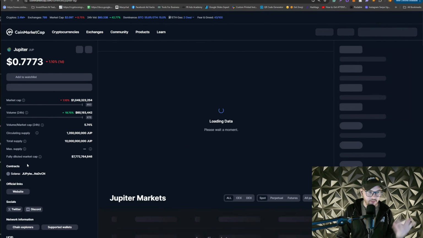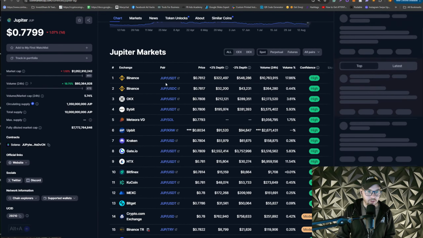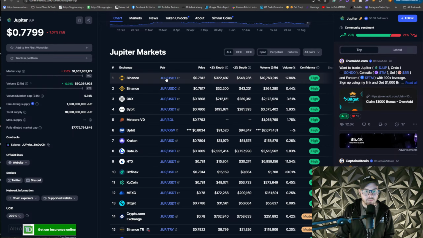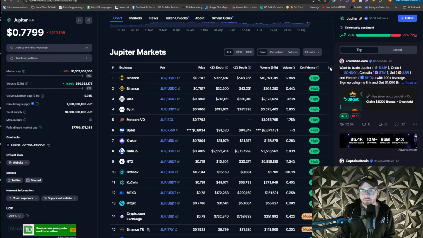And this one's going to be obvious, but Solana, right? So Jupiter, we can see we have a pairing right here on Binance for the JUP USDT pair, allowing people to swap between the two. And they have a liquidity pairing score right here.